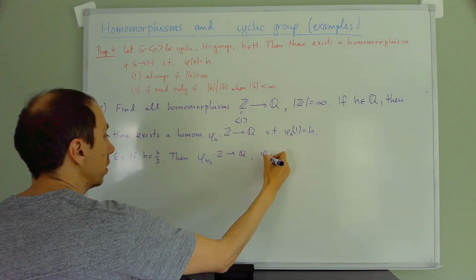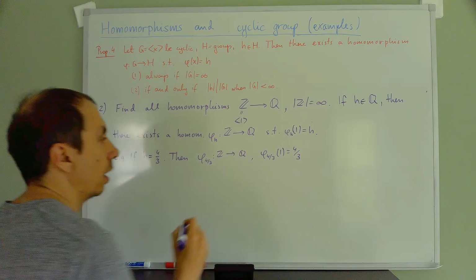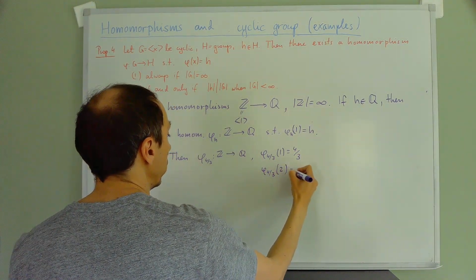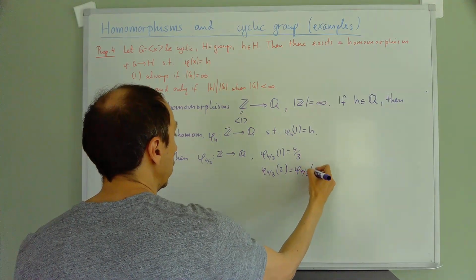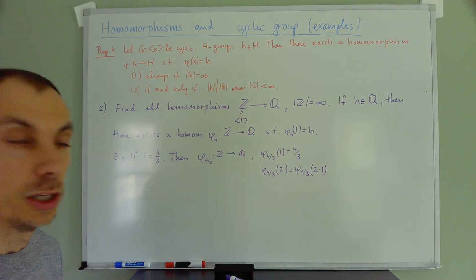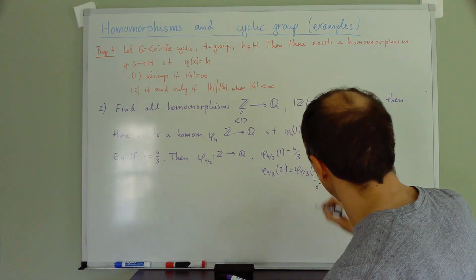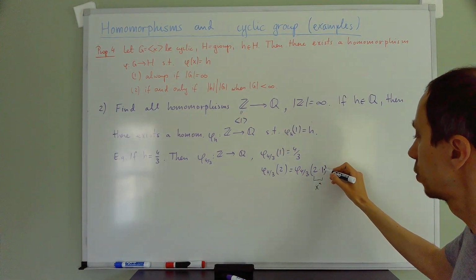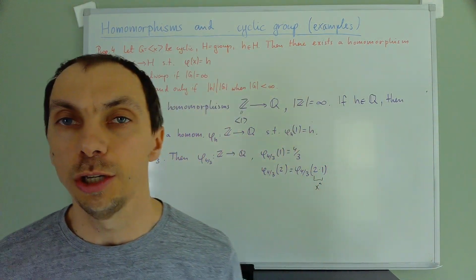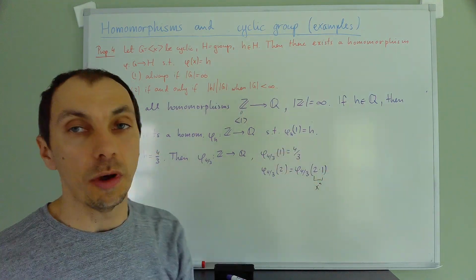And what does it do to various integers? Well, it takes 1 to 4/3 by definition. Where would it take 2? Well, remember, 2 is the same as 2 times 1. Now, this is what I usually denoted as x to the n, where x corresponds to 1 and n corresponds to 2. But because the operation in Q is addition, it's awkward to write 2 as 1 squared.